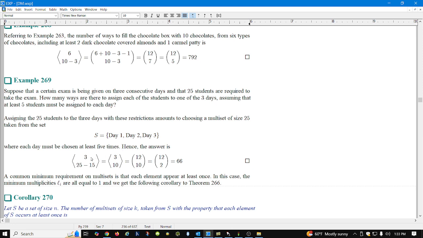So 3 multi-choose, instead of 25, 25 minus the sum of the lower bounds, 15, which is 3 multi-choose 10, which is 3 plus 10 minus 1, choose 10, 66.